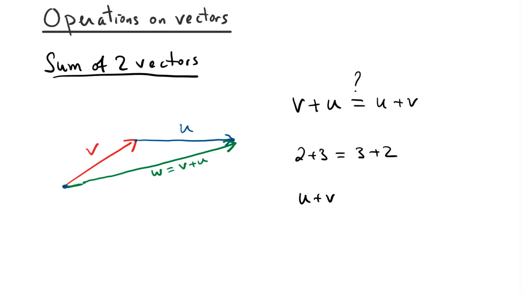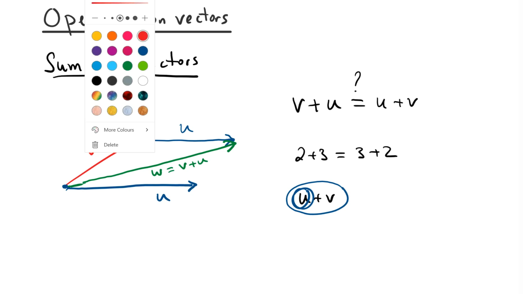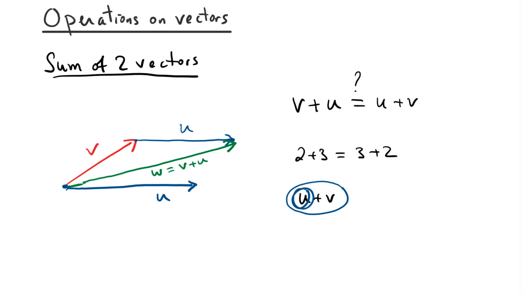If we want to illustrate or draw u plus v and compare it to v plus u, what we're going to do is, instead of starting our path with vector v, we're going to start it with vector u. So I'm going to put vector u here. Afterwards, where u ends, I'm going to put the initial point of vector v where the terminal point of vector u is.